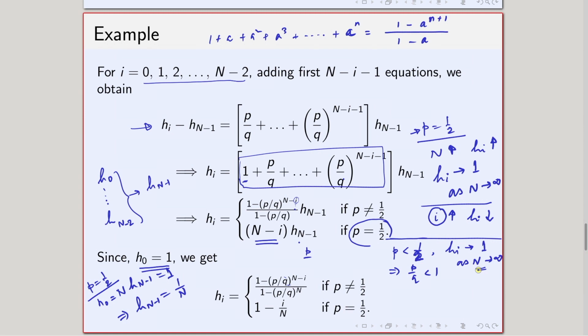And if p is greater than half, then of course I have some probability of winning even if n goes to infinity, so h_i goes to some l, which belongs to (0,1), as n goes to infinity. You can easily find that l using standard limiting arguments.